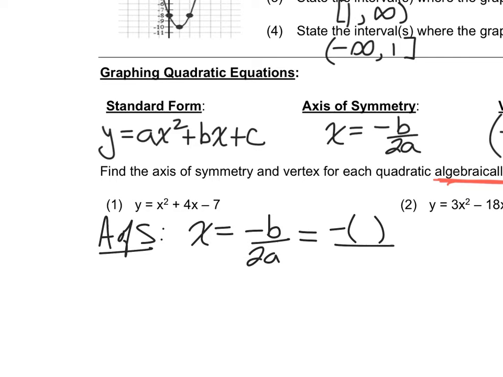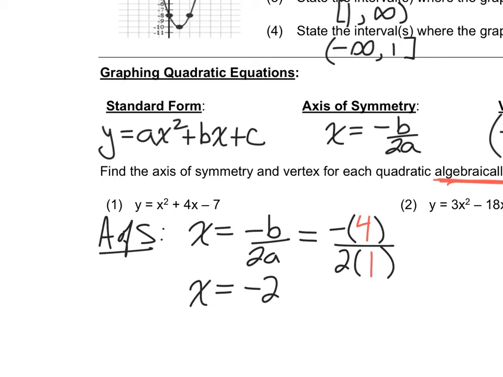What are my somethings? What's going on top? Negative b, so negative 4. Over 2 times a, what's the a? 1. So we're looking at x equals, what's negative 4 over 2? Negative 2.